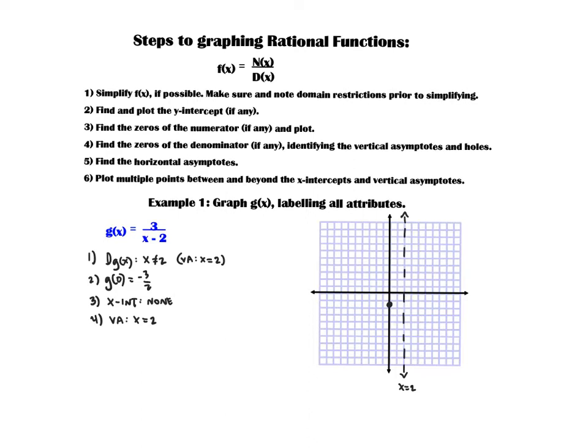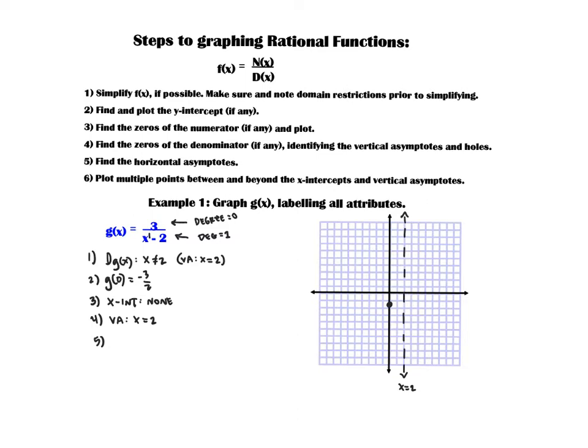Okay, let's find the horizontal asymptote now for number 5. So if you look at g of x, the degree of the numerator is 0. Degree of the denominator is 1.